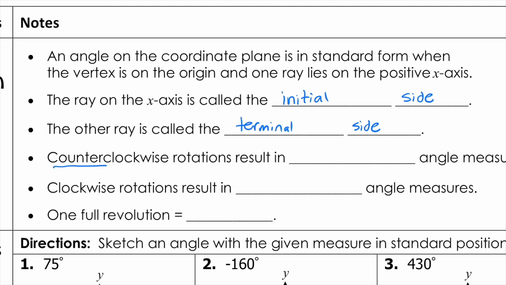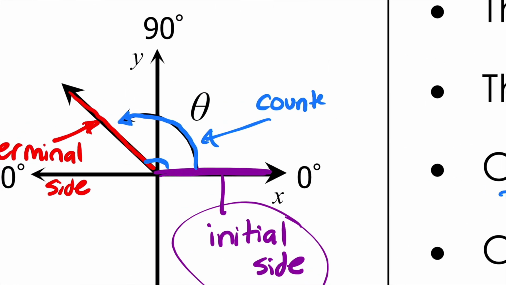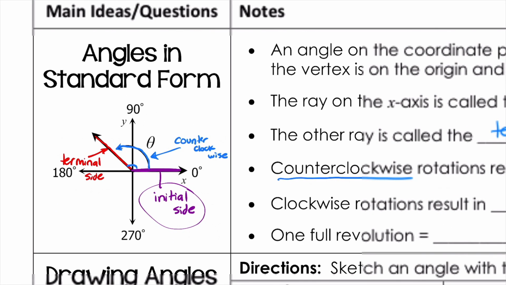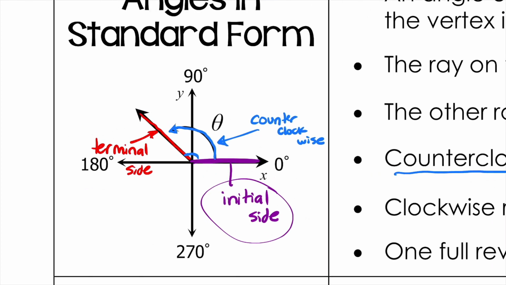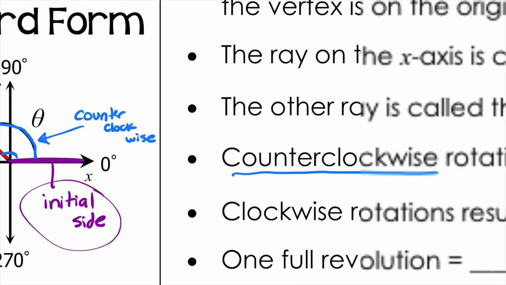And counterclockwise rotation. You see the direction this arrow is going, a counterclockwise direction. So the terminal side is moving that way. That's how the angle is formed. They both start at the initial side, and then the terminal side swoops over counterclockwise.